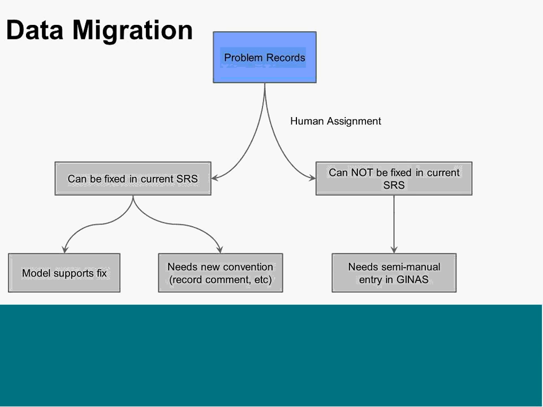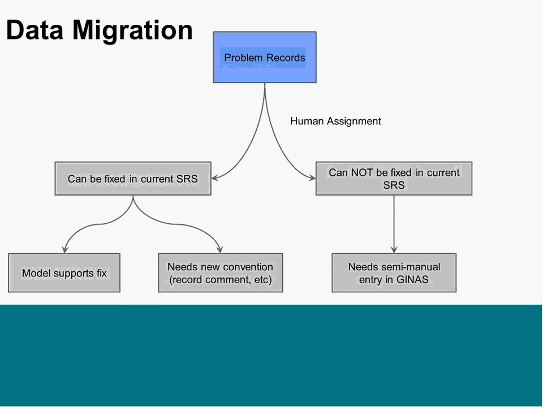So, as for this migration, those things are problem records. They really come into two kinds of categories, and this is really what a human has to decide as you go through: things that can be fixed in the current model that the SRS, the FDA, is using, and things that cannot be fixed. So what we've been trying to determine is which ones of these are available.